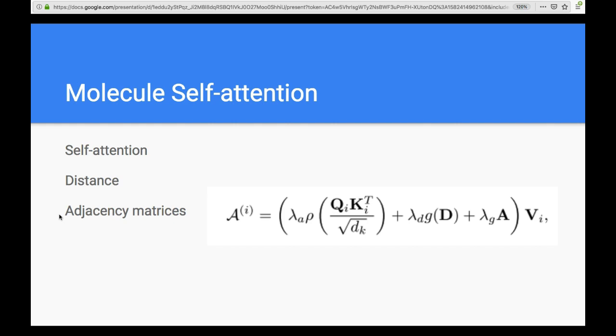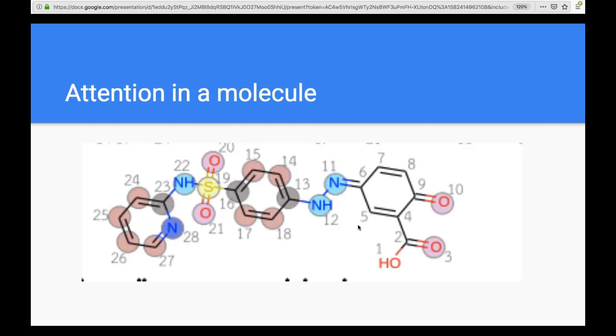And there's another factor here, the adjacency matrix. What the adjacency matrix does is describe whether, say, molecule number 10's surrounding molecule is molecule number 9.